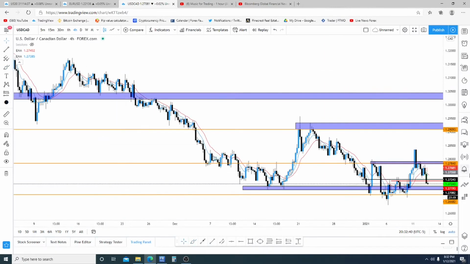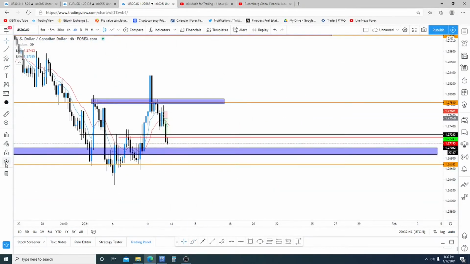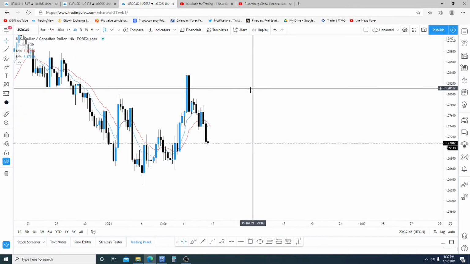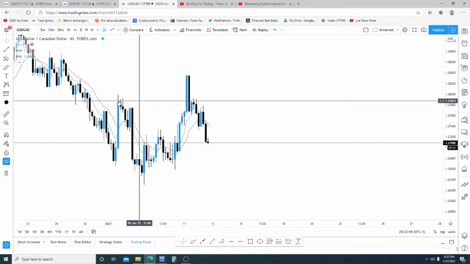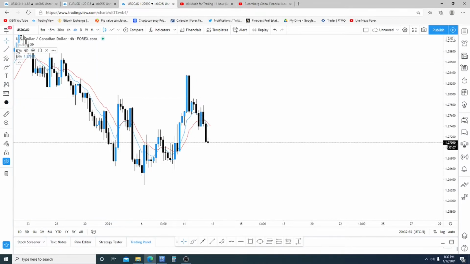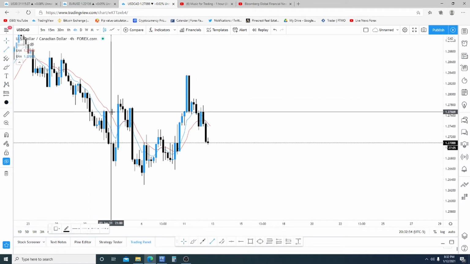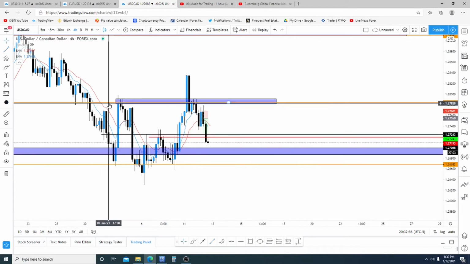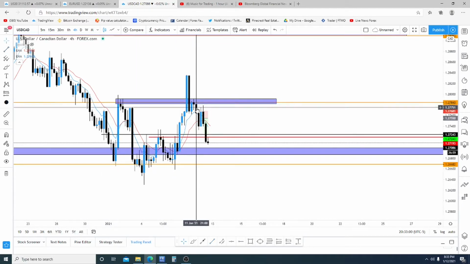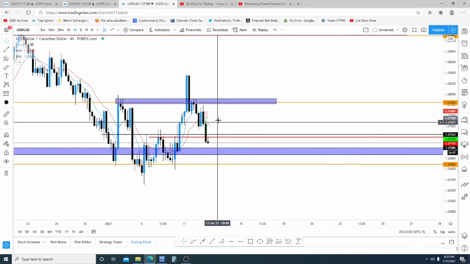Price came back up, came back down and rejected. After the rejection, you can see this level of resistance right here, let me go ahead and put it. Okay, it's there. This level of resistance held for 1 to 3 hours, and it continued to go lower.